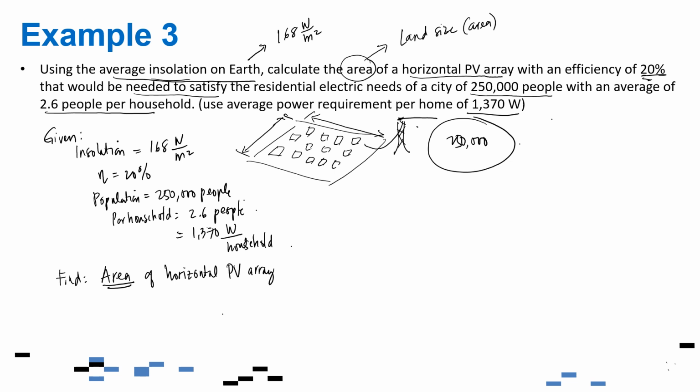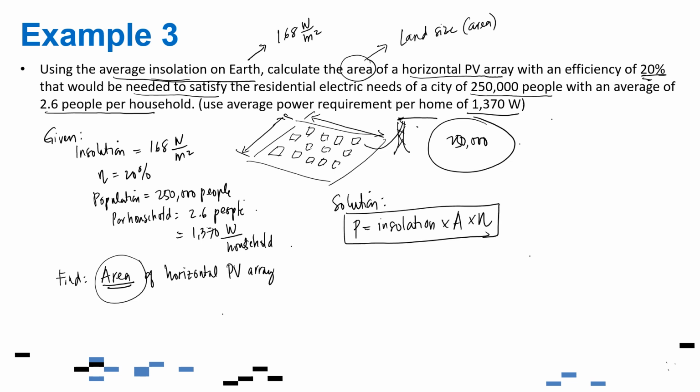Based on this, we know that we are supposed to find the area, so we can easily go about the solution. First we have to put in our power formula, which is insolation times area times efficiency. This is the basic formula for solar PV electrical power.